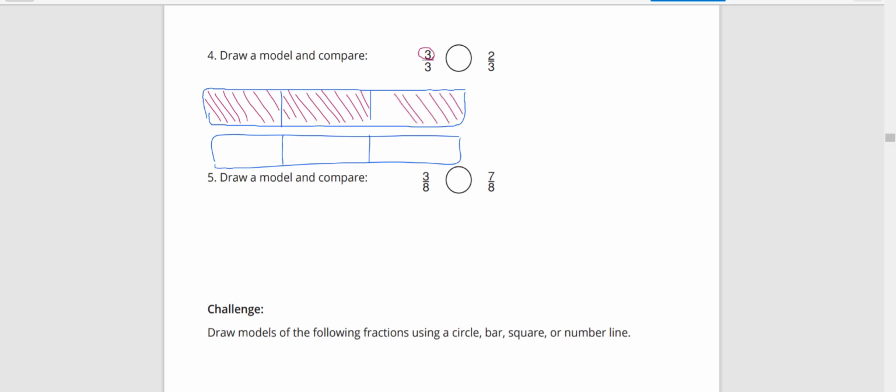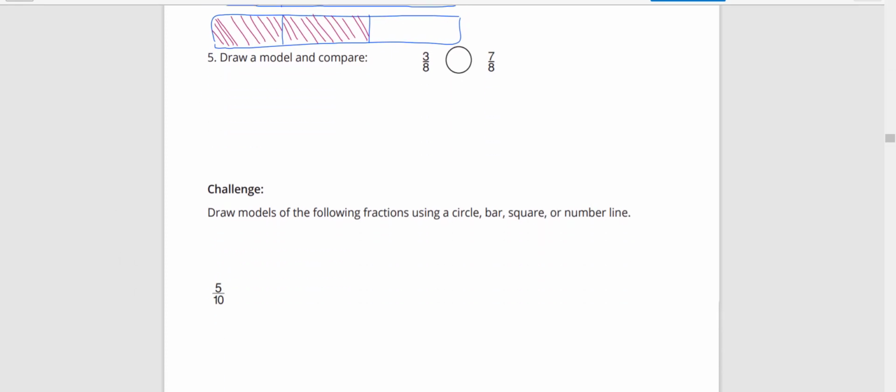The second fraction, 2/3 or 2 thirds, is shaded with 2 parts because the numerator is 2. Which is the greatest fraction, 3 parts or 2 parts? 3 parts is greater than 2 parts, so 3/3 is more than 2/3, and we know that 3/3 equals 1.